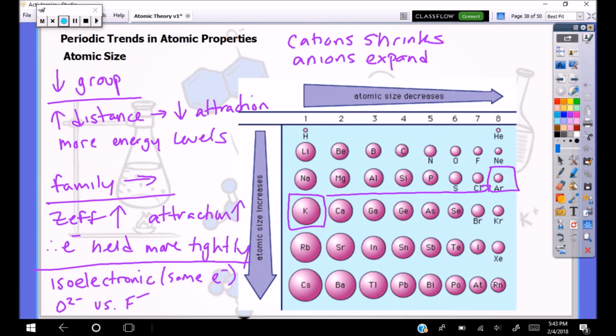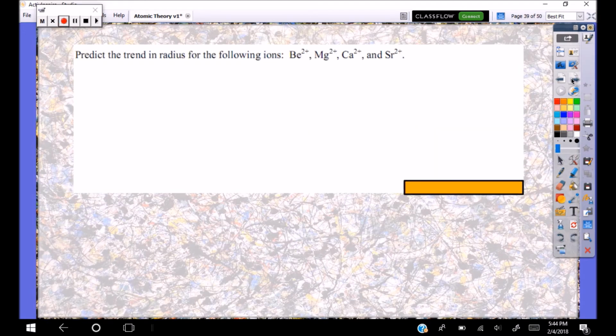But in terms of looking at the size of those things, we're going to have to default to the effective nuclear charge. Oxygen is more to the left. It does not have as much of an effective nuclear charge as fluorine. Fluorine would be smaller here. Smaller due to Zeff, even though they have the same number of electrons. All right. So here's a quick example.